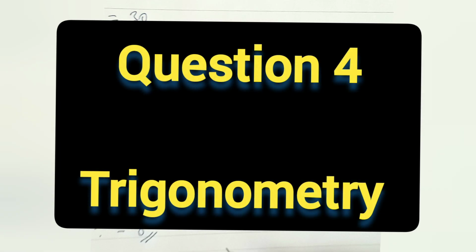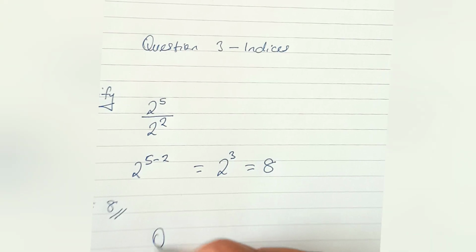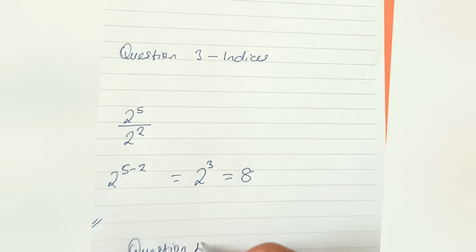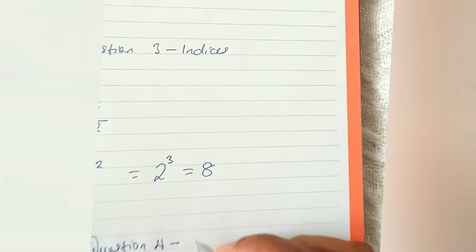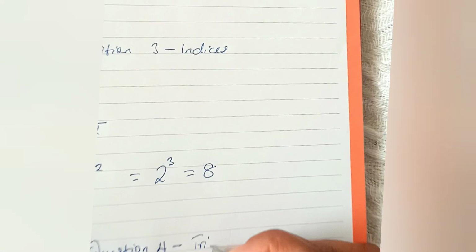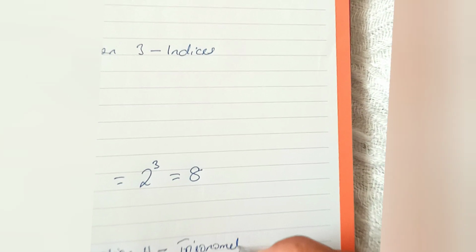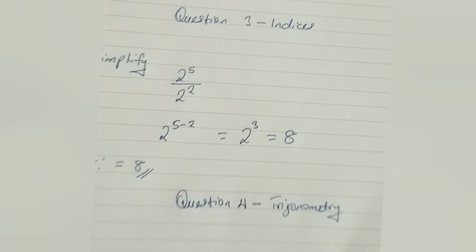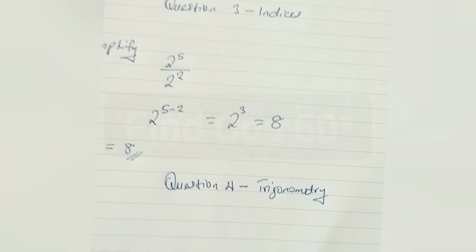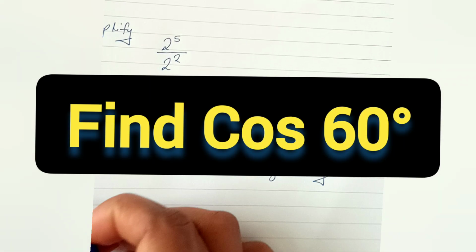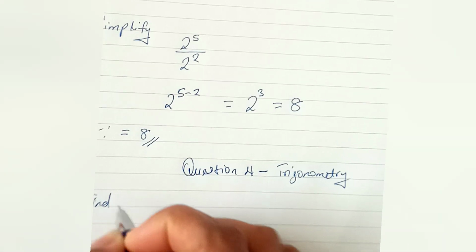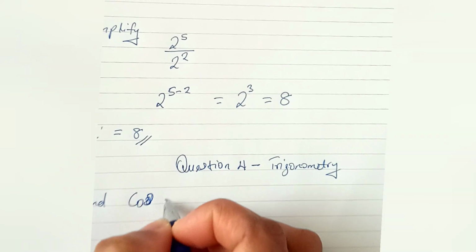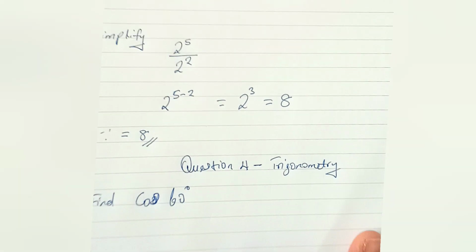Question number 4. Trigonometry. Assuming you're asked to find cos 60 degrees.